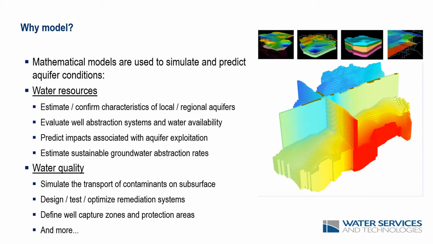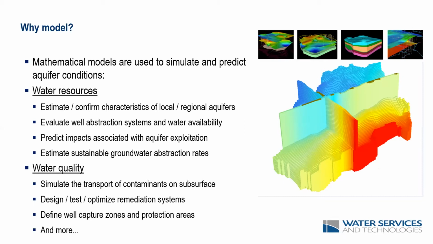In other words, how much water we can get out of an aquifer system without compromising its long-term ability to supply the water that's being required, which comes into the impacts that we need to look at related to aquifer exploitation.